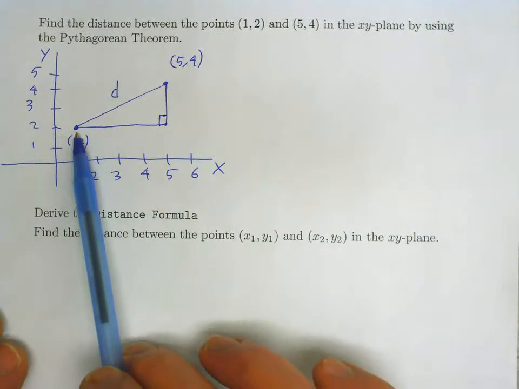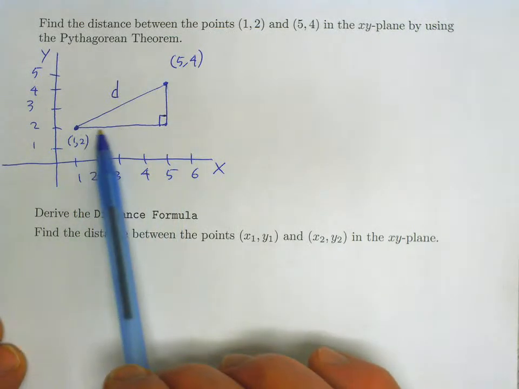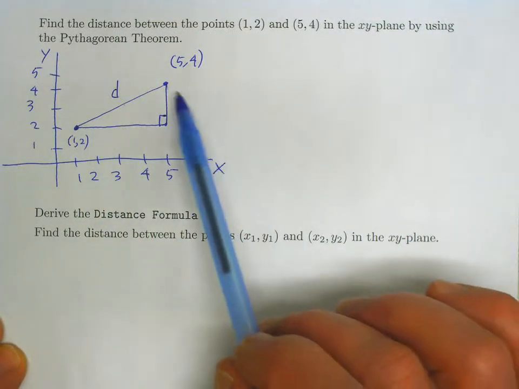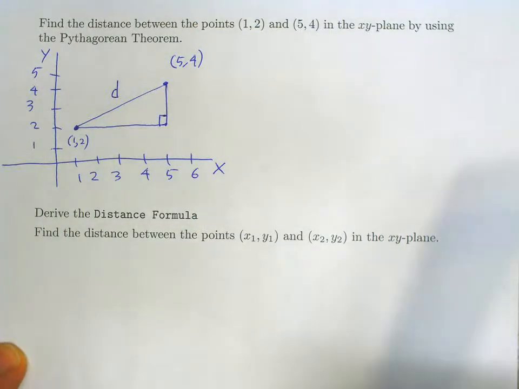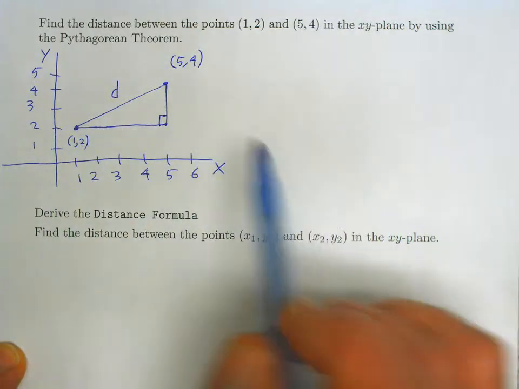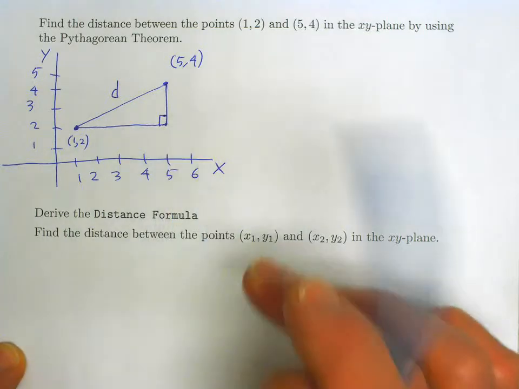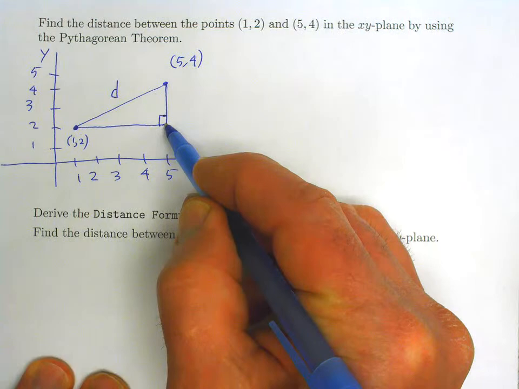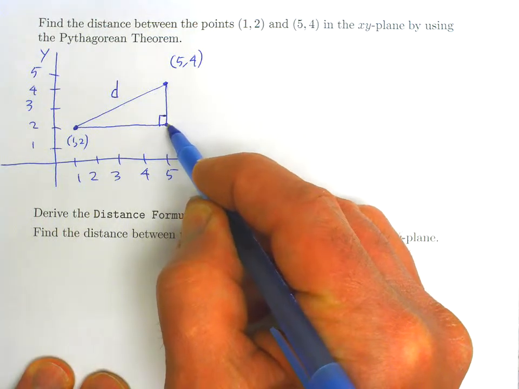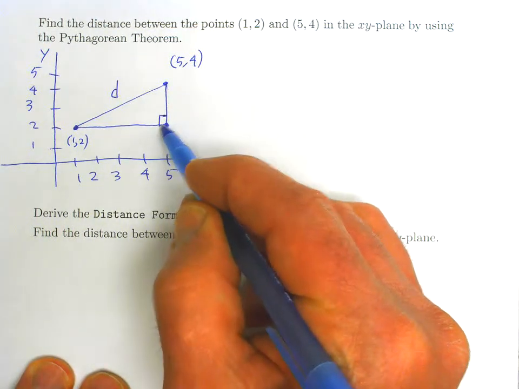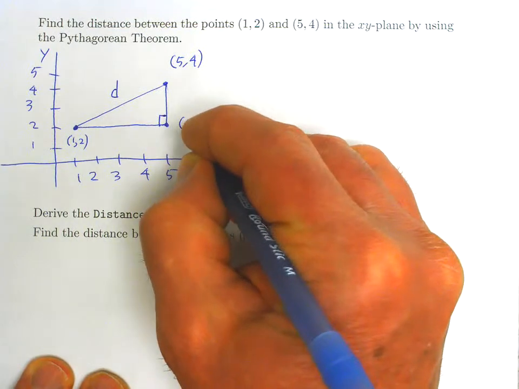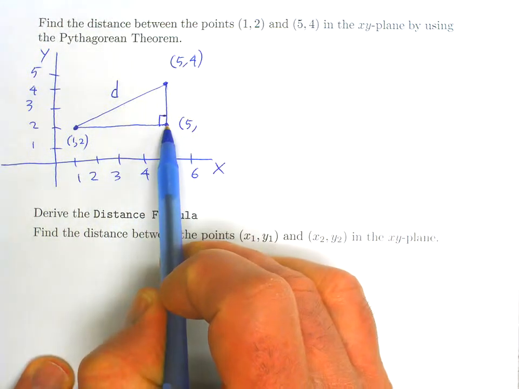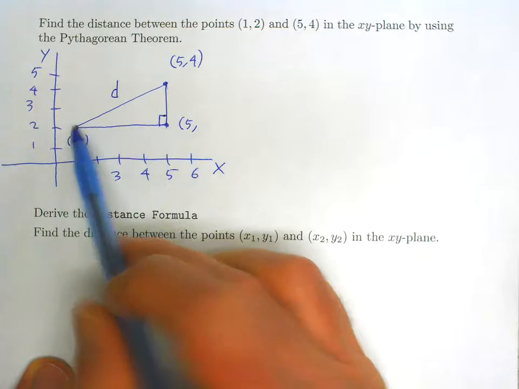And then we can easily determine what the length of the horizontal and vertical sides are. But I want to point out something that we'll use more generally. The x-coordinate of this point, which is the vertex of the right angle, is 5, and the y-coordinate of that point is 2.